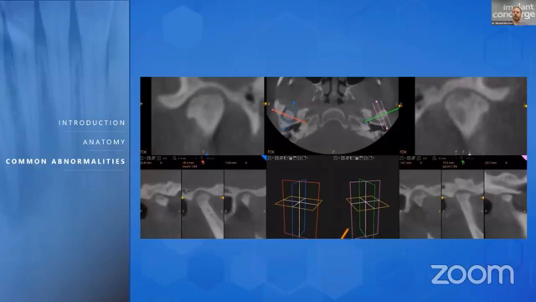Now here's the other side of the spectrum. A lot of osteophyte formation here, a lot of sclerosis. You can see there's sclerosis of the articular eminence. There's flattening of the spacing between the mandibular fossa and the articular eminence.